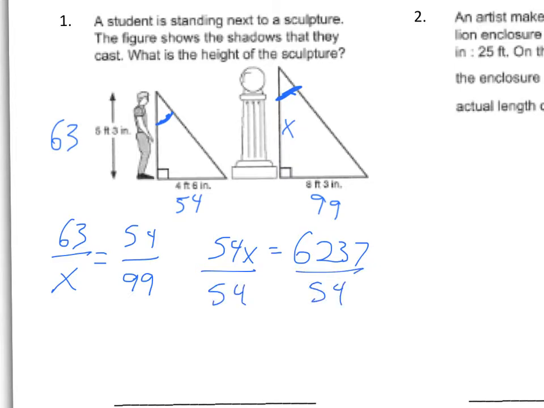And this will give us our height in inches. If we wanted to convert that to feet, we would divide it by 12, which would give us 9.6 feet. Basically, a little over 9.5 feet tall. Okay?